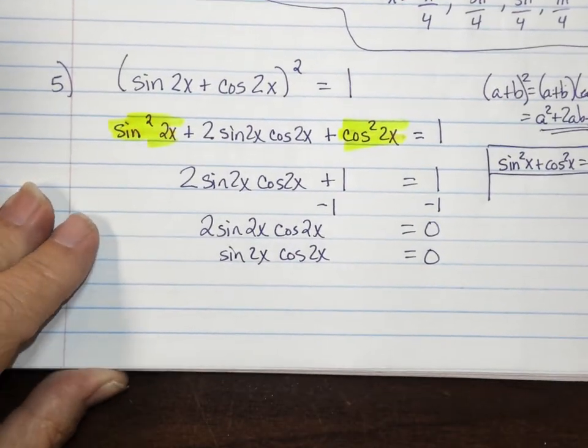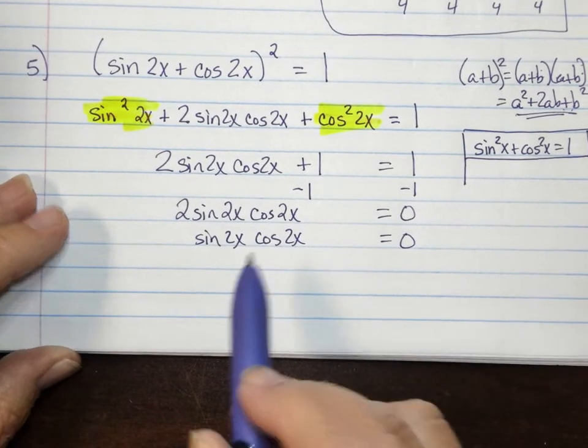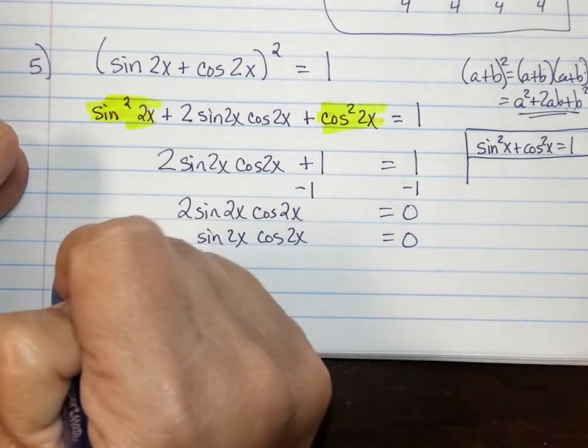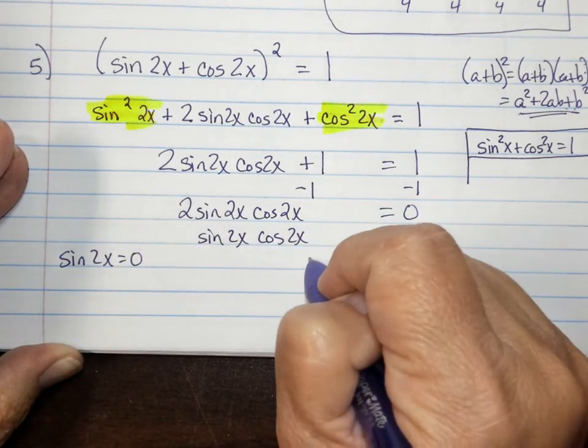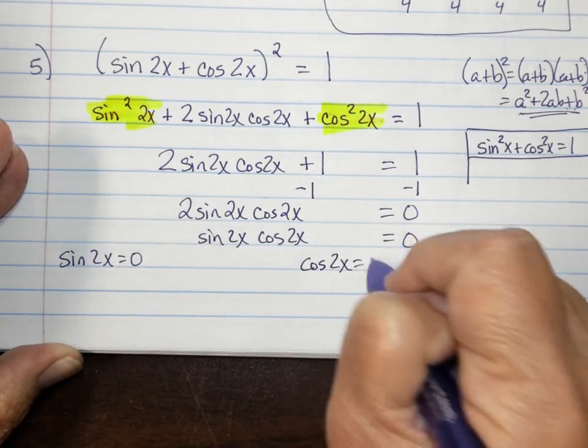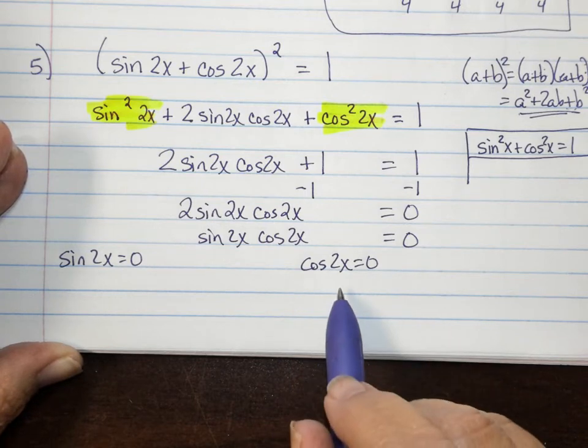Now, there's a couple of different ways you could proceed from this point. I'm just going to go ahead and break these down. Sine 2x equals 0. Cosine 2x equals 0. All right, I'm going to deal with the sine first.